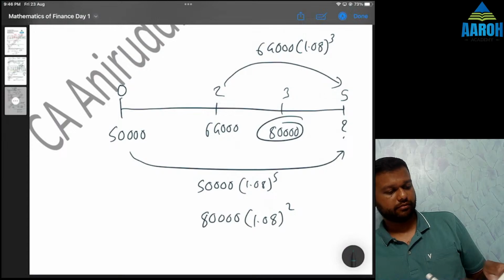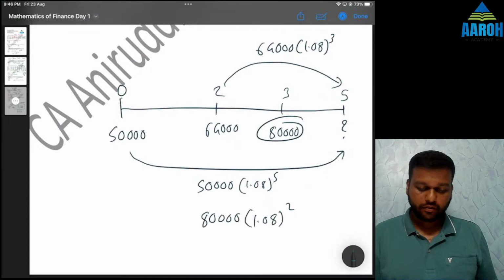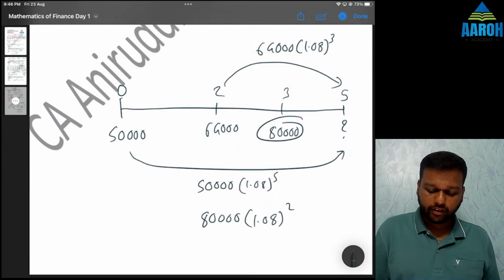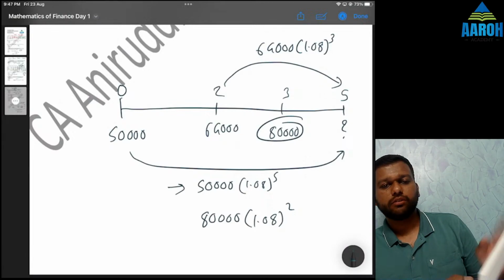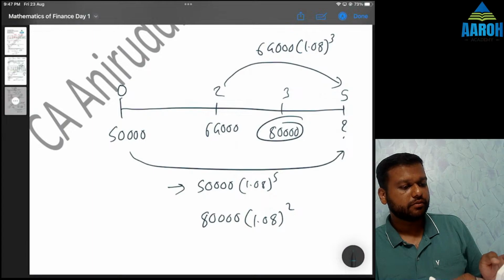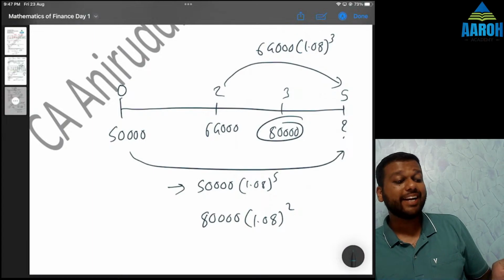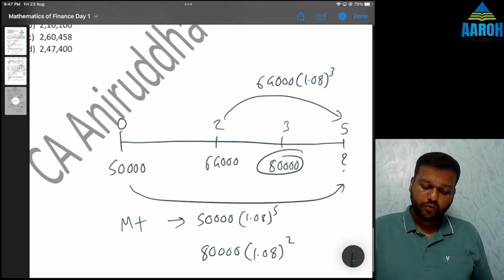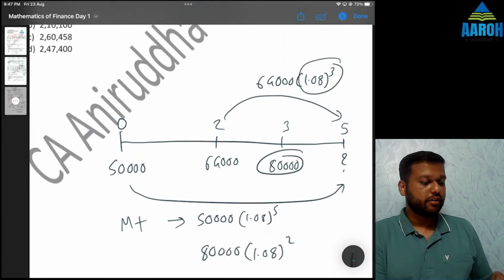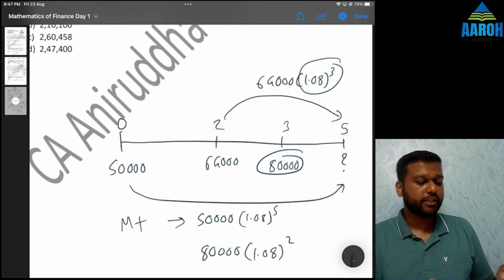Let's see. Do it entirely on the calculator. 1.08 raised to 5, how will you do that? 1.08 into, 4 times equals, into 50,000 and then M plus. Next, 1.08 into, 2 times equals, multiplied by 64,000, M plus.